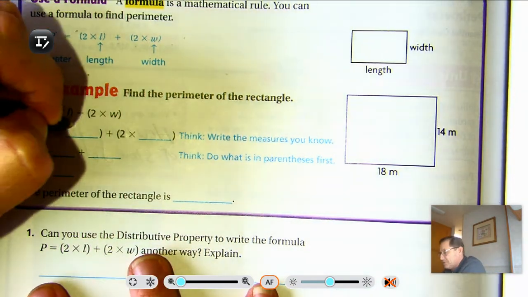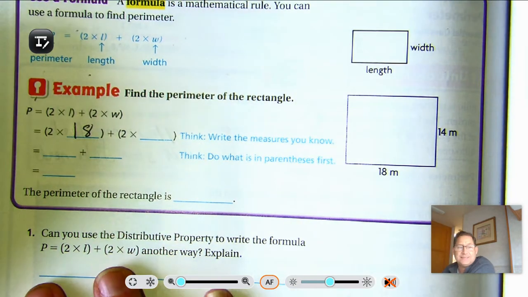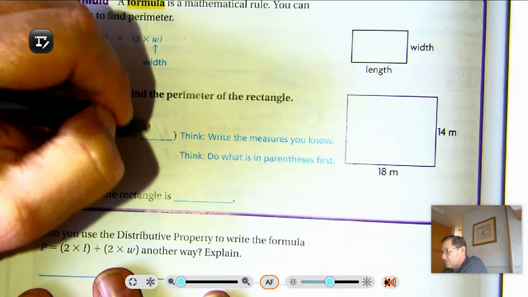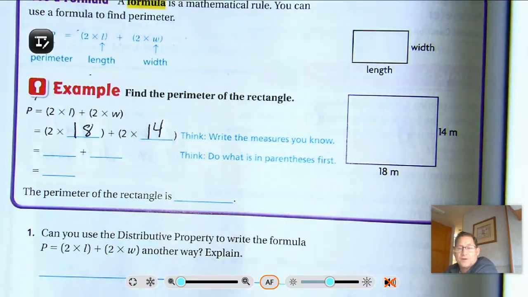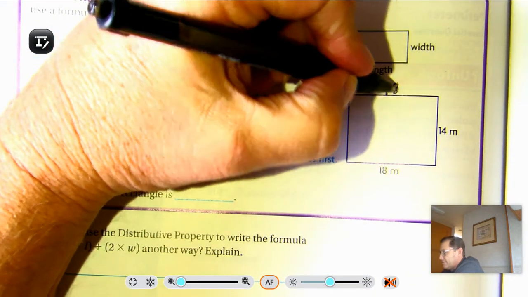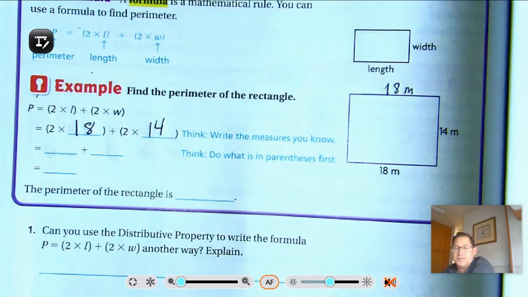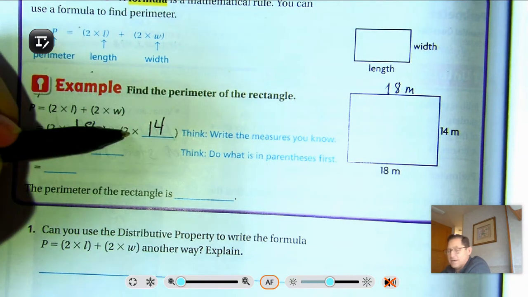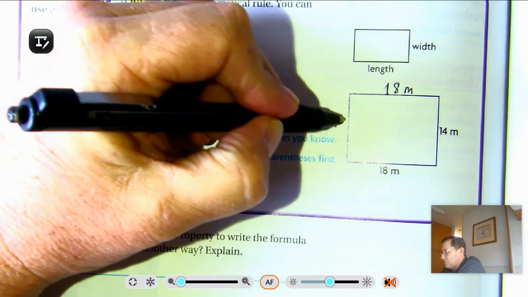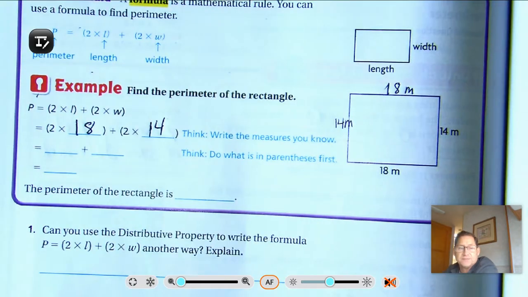Okay, so 2 times 18 plus 2 times 14. Okay, why did we do 2 times 18? Because this side up here is also 18 meters. Why did we say 2 times 14? Because the opposite side from 14 in a rectangle is also 14 meters.